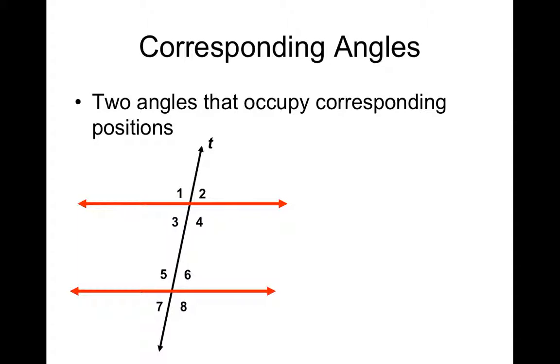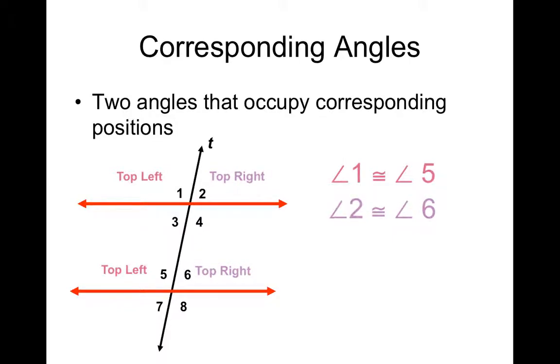Corresponding angles are two angles that occupy corresponding positions. So, for example, angles 1 and 5 are corresponding because they both are in the top left. Angles 2 and 6 are corresponding because they are in the top right. And corresponding angles are congruent, so angle 2 and angle 6 are congruent.